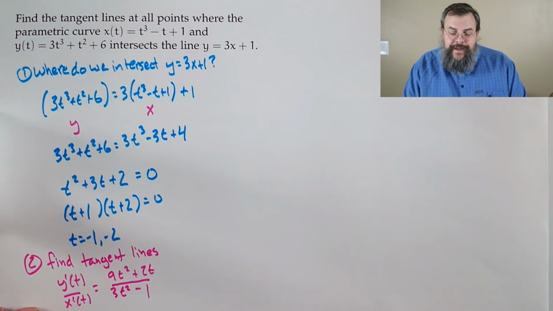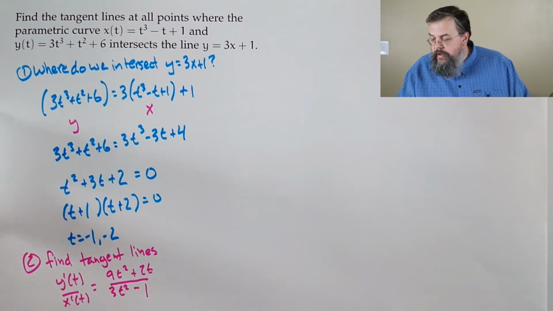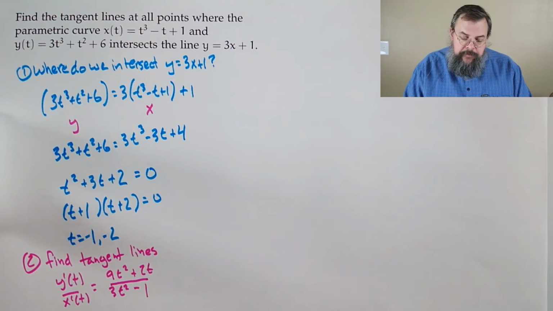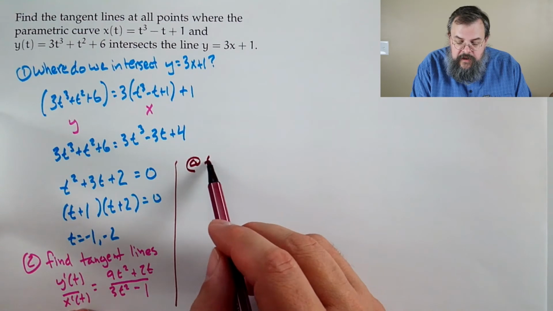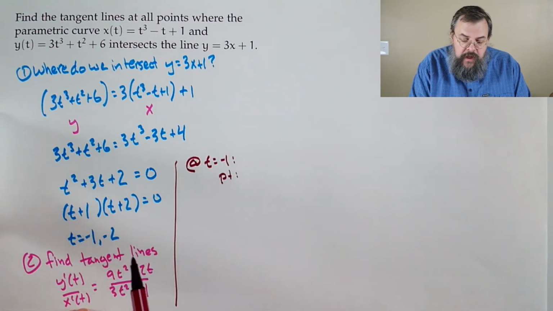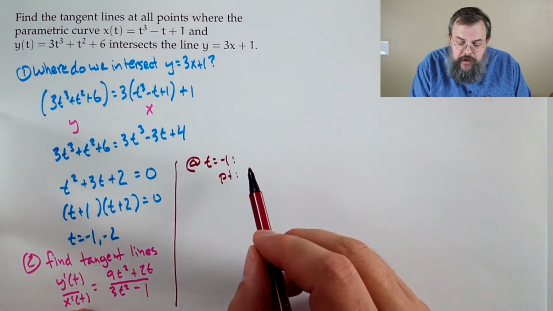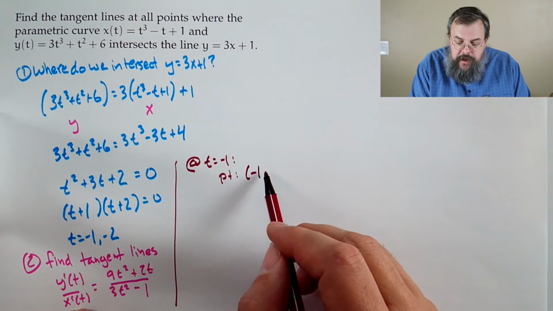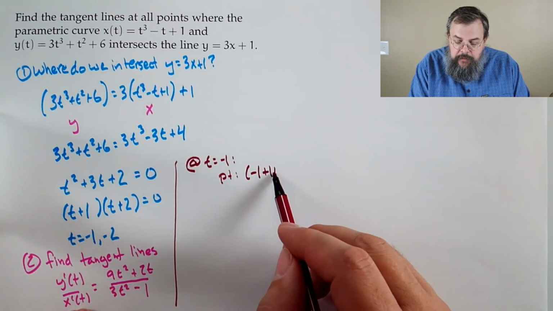All right, so let's do our lines. At t equals -1, what's our point? We carefully work through and plug in -1. -1 cubed would be -1, minus -1, plus 1, and plus 1.